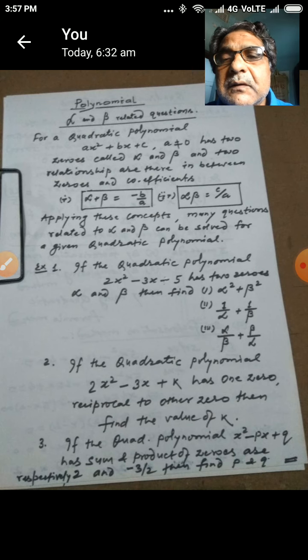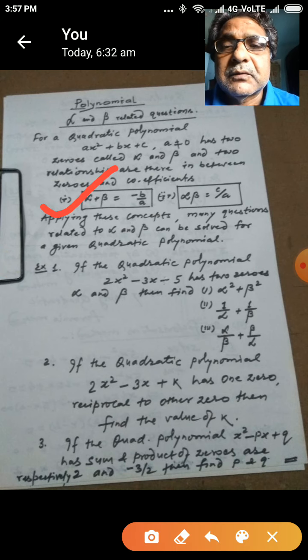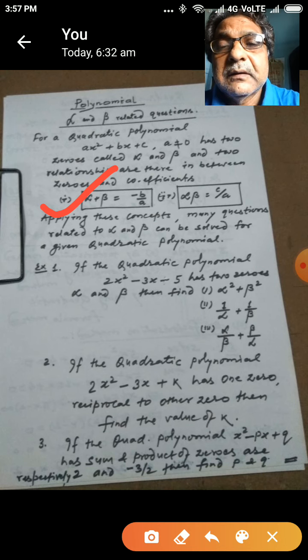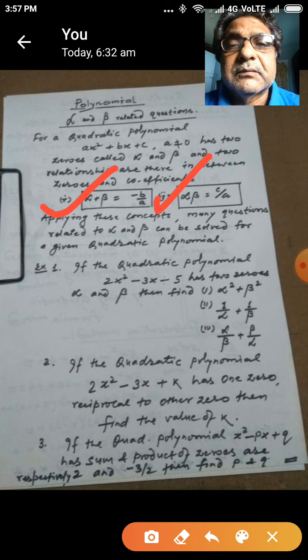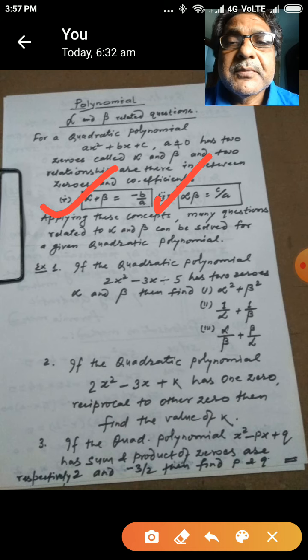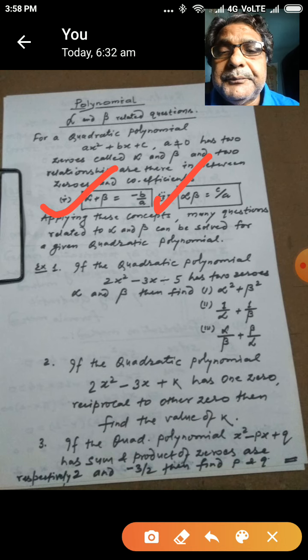First one is sum of zeros, that is alpha plus beta, is equal to minus b by a, or sum of zeros is equal to minus coefficient of x by coefficient of x square. And second relation is product of zeros, that is alpha into beta equal to c by a, or product of zeros is equal to constant term by coefficient of x square.